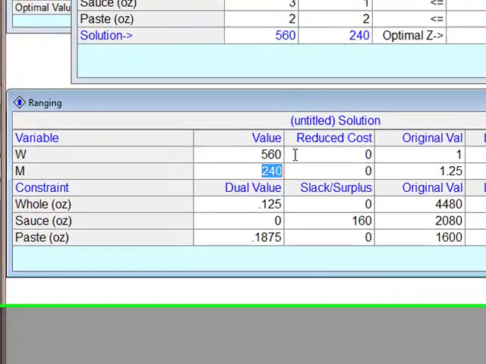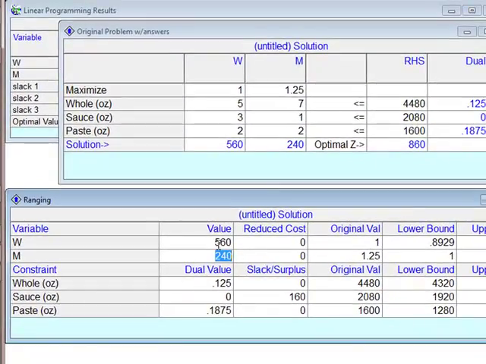So in this example, the $1 and the $1.25 profit per unit for each jar of Western and Mexico City salsa are high enough that linear programming has decided to have positive values for both variables. And that's why the zeros for the reduced cost.